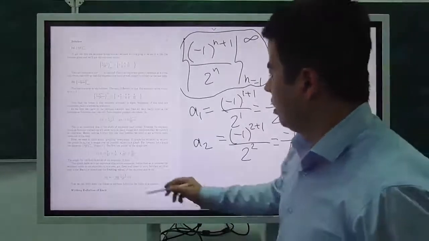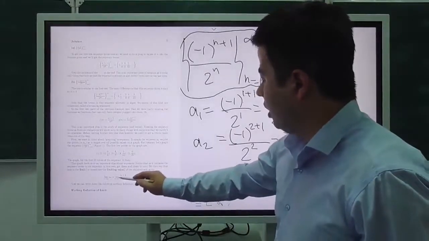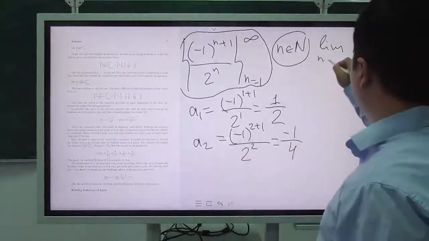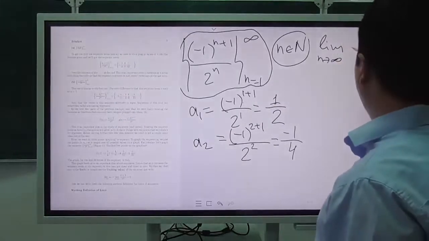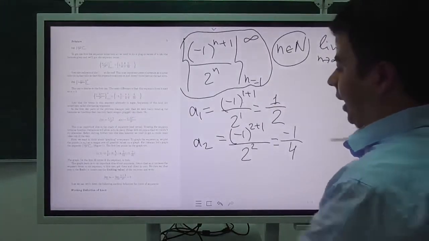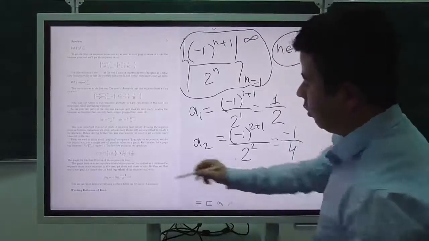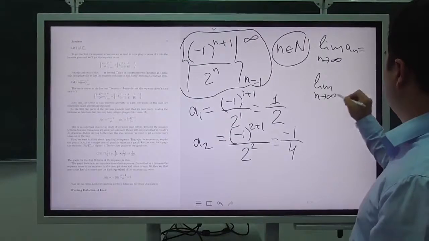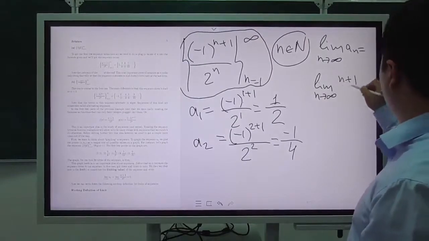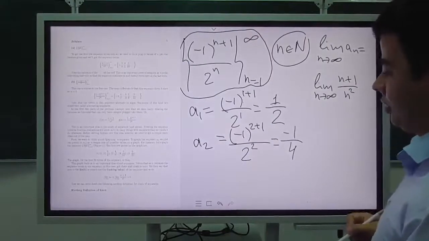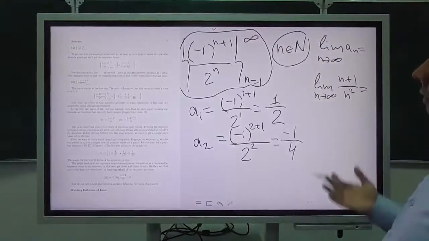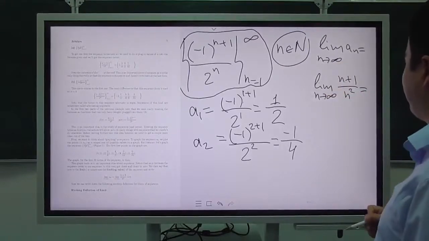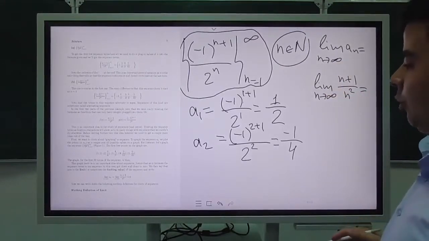Here we have the limit as n tends to infinity of an, where an is n plus 1 over n squared. So let's find the limit of this numerical sequence, n plus 1 over n squared.